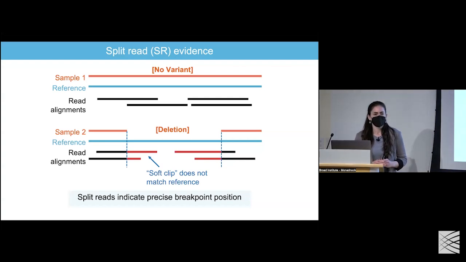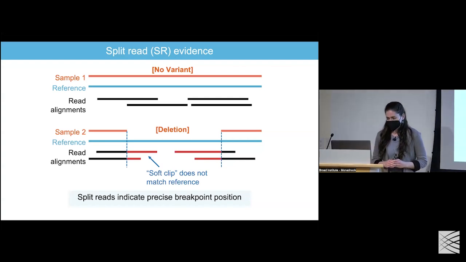We'll start with split read, or SR, evidence. I have a diagram to explain what this is. Sample 1 on the top does not have a structural variant in this region, and you can see that the reads align well to the reference.